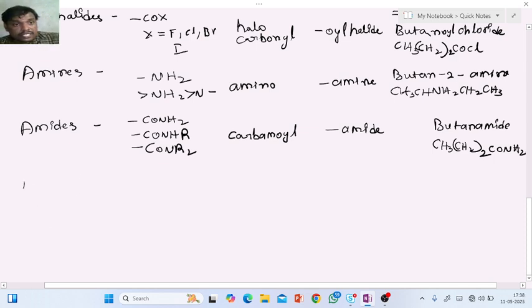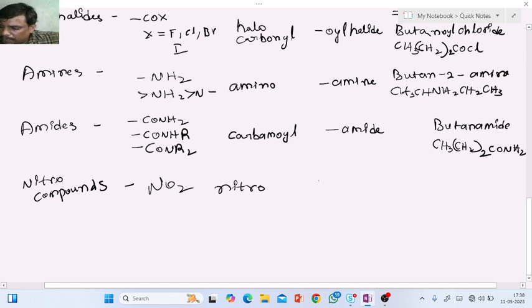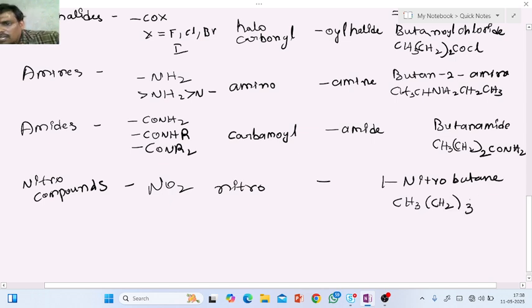After amides and amines, nitro compounds. If you carefully see nitro compounds, nitrogen must be there in these compounds, hence they are called nitro compounds. NO2 is the nitro group, and nitro is the prefix name; there is no suffix name. 1-nitrobutane can be taken as an example. So CH3 CH2 thrice and NO2.